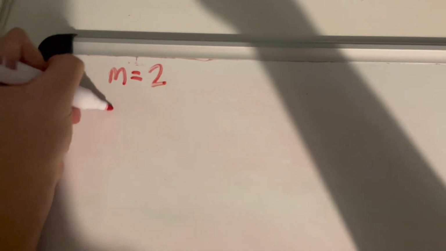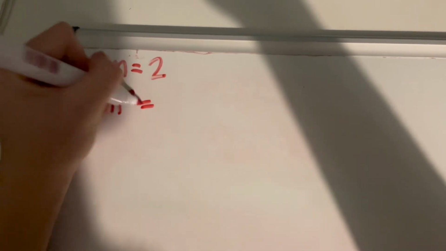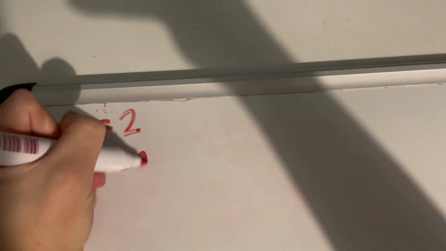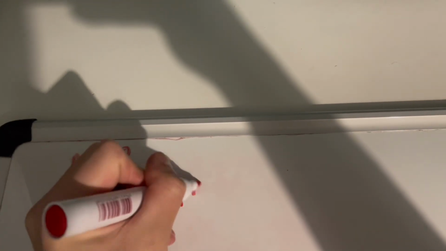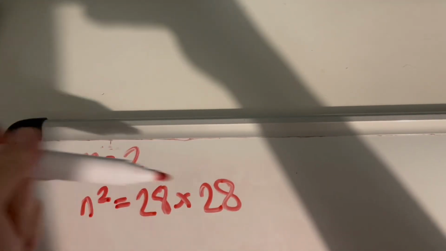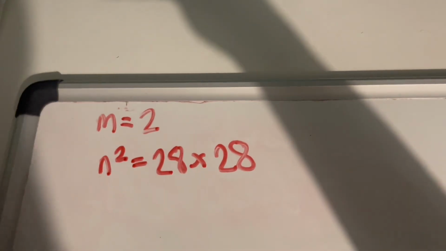Okay, next you consider when m is equal to 2, you have that n squared is equal to 28 times 28, because it's 7 times 2 squared, which is 4. 7 times 4 is 28.